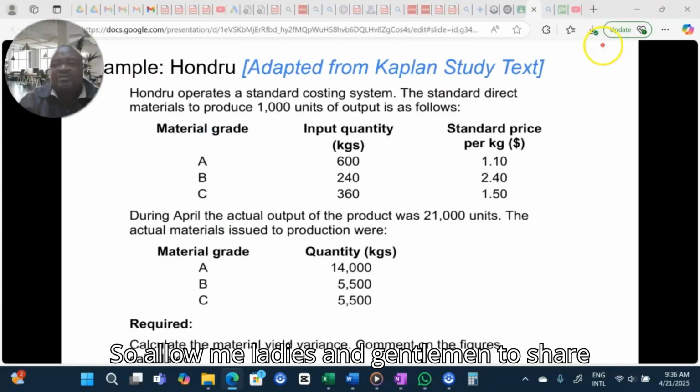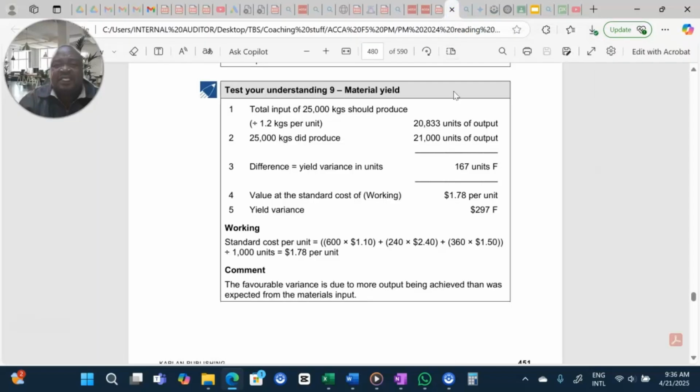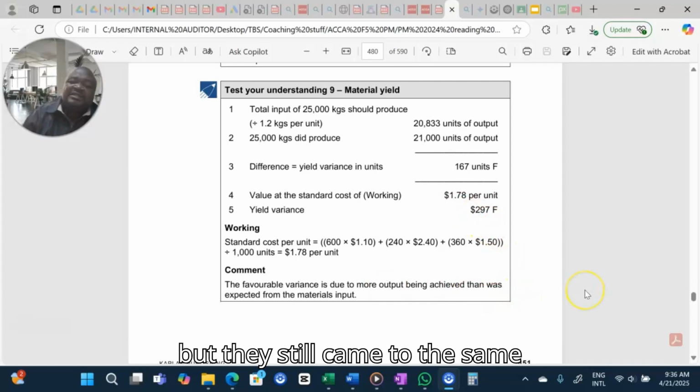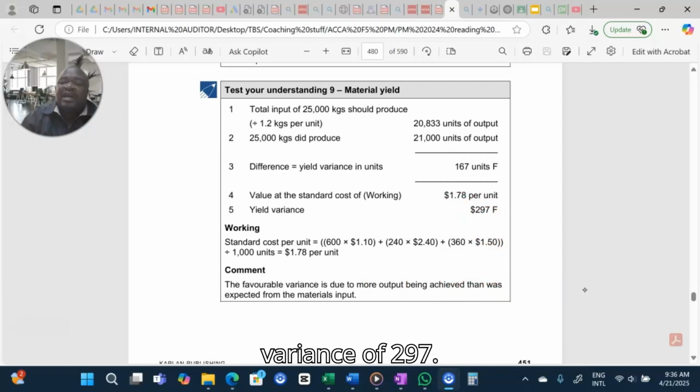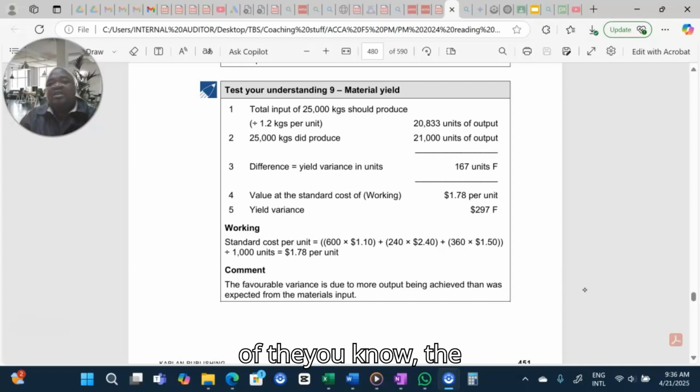So allow me, ladies and gentlemen, to share what the guys did, right? So you can see that the guys did not use the tabular format for the yield variance here, okay? But they still came to the same variance of 297. Remember here, the difference was due to the rounding of the proportions.